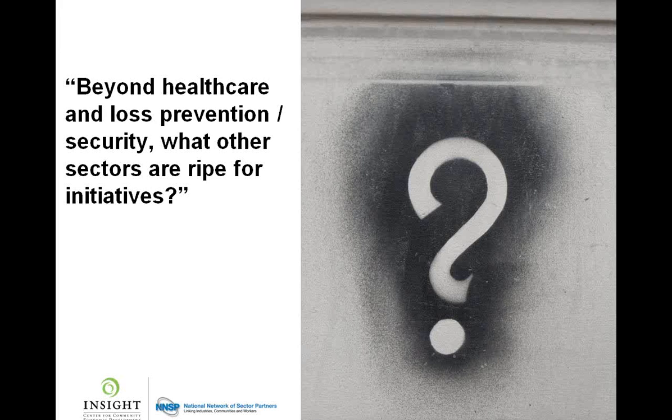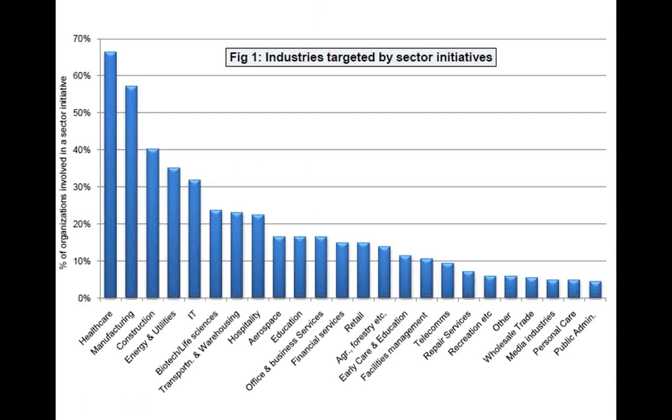And you know, I did get some questions before the session. Thank you for submitting them in the registration process. This is one that came up, and the question had to do with what sectors are ripe for sector initiatives. I'll just share something briefly, and maybe we can talk about other ways of answering this question. I think you could take it several ways, but NNSP does a survey every couple of years of sector initiatives around the country.